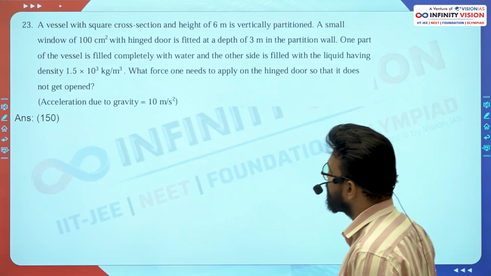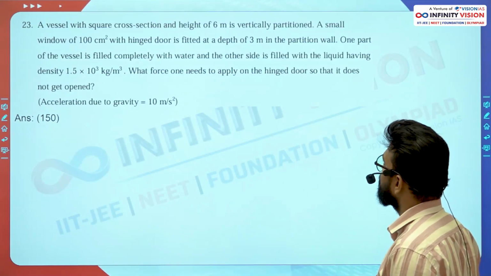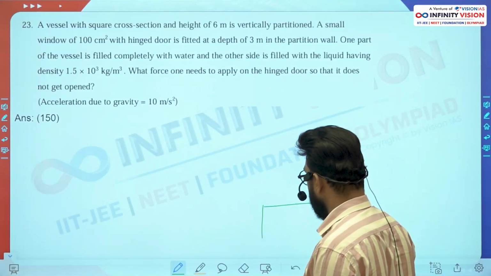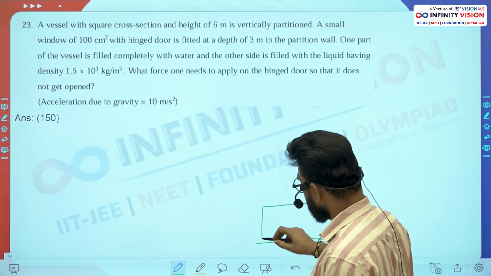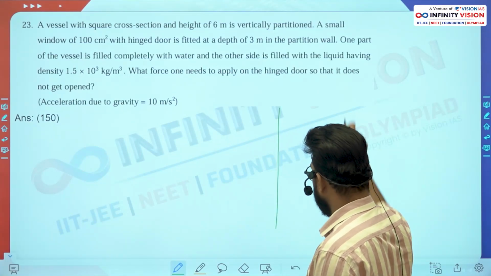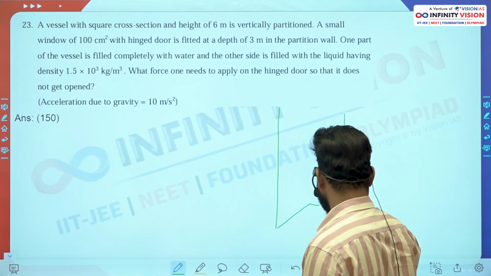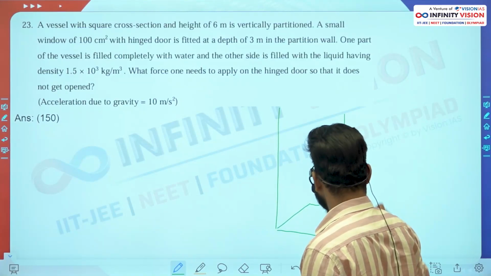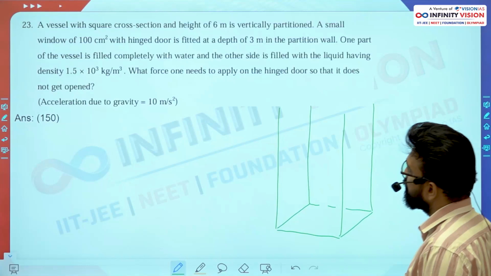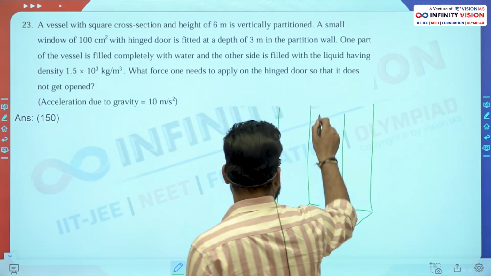Next, a vessel with a square shape and a height of 6 meter is vertically partitioned. That means you have been given a square shaped vessel with a vertical partition. That means it is divided into two equal parts.